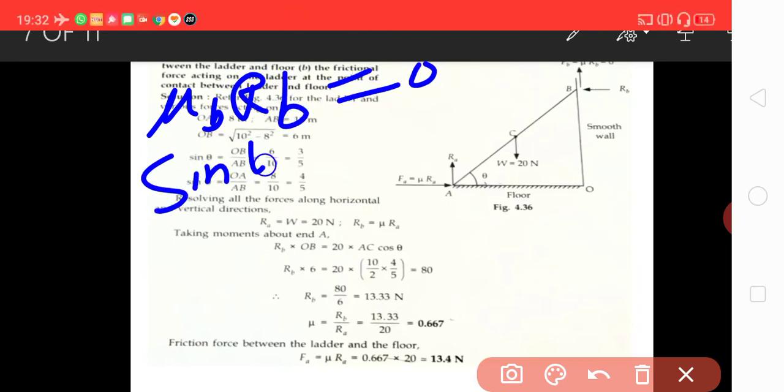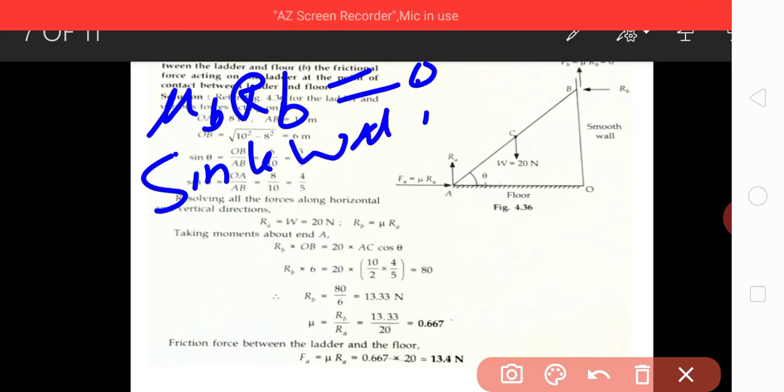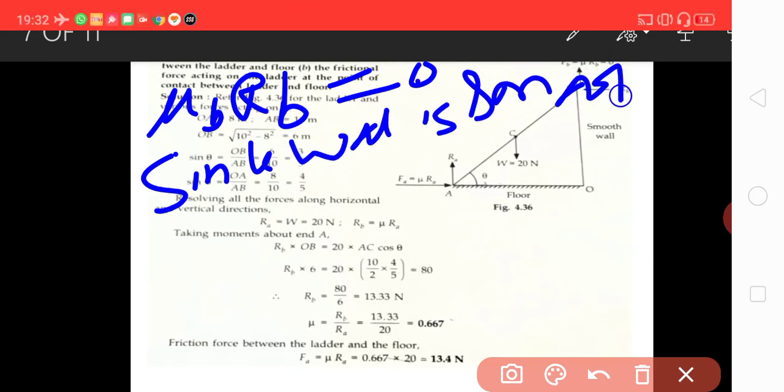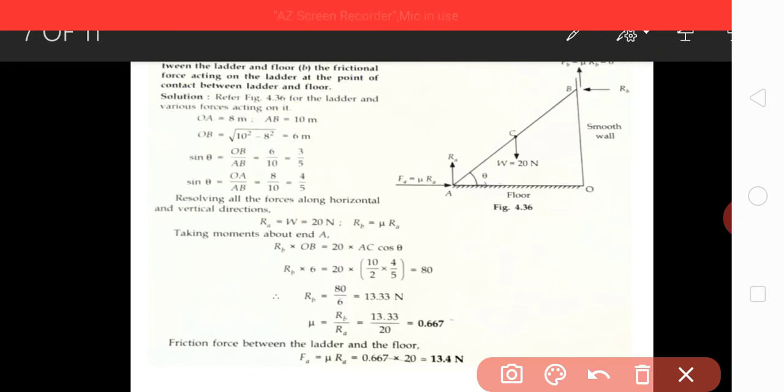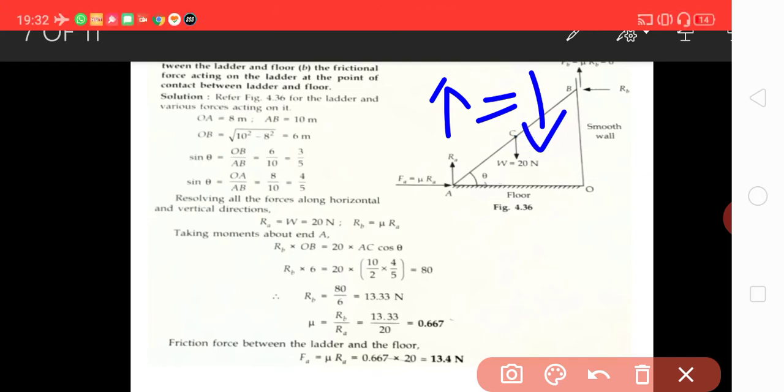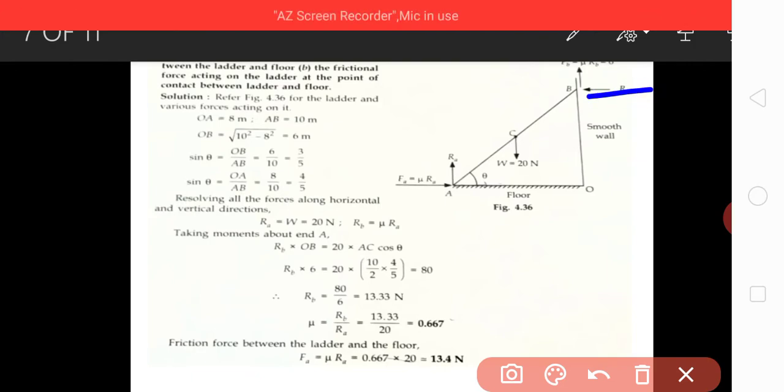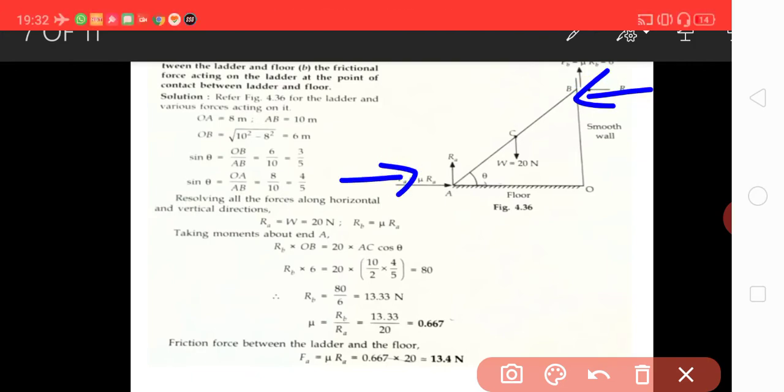Vertically resolving, this RA will be equal to this W. So RA equal to W equal to 20 Newton. RB equal to mu A RA. This is RB acting this way, and mu A RA is acting this way. It means these two should be made equal. So RB equal to mu A RA.